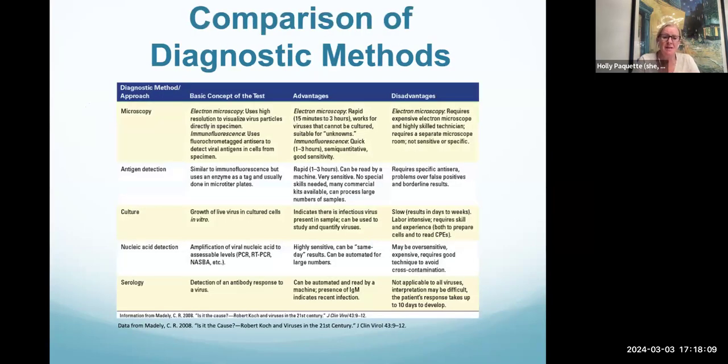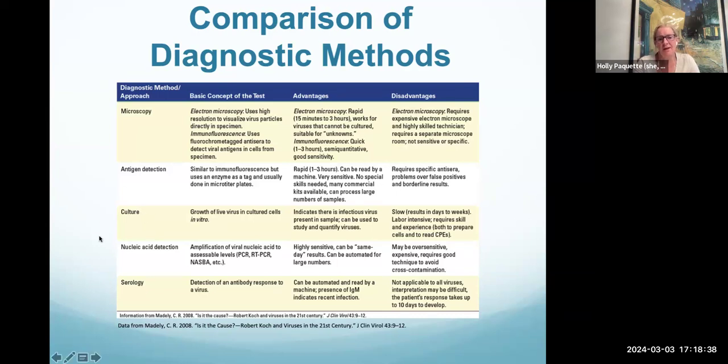This is giving you some idea of the different ways that we do this, kind of the basic concept of each test. So I've gone over this, but this might be a good way to kind of review. And then this also has the advantages and disadvantages of each of these. As I said, antigen detection is a really nice one because it's quite quick, and usually it can tell us if we have a current infection, but it often can have some false positives, and so that can be a concern.